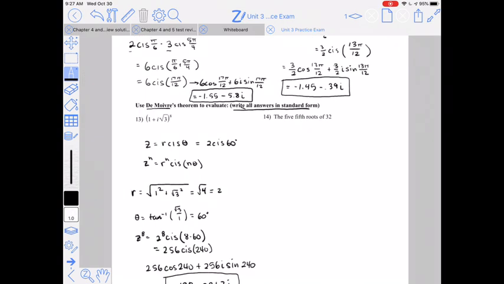Okay, question 14. Now we're using De Moivre's theorem to find roots. So it's slightly different than the version of the theorem that we just used to find a power.